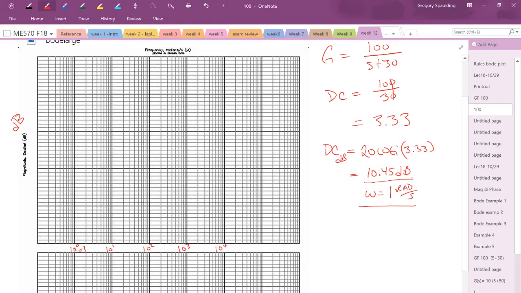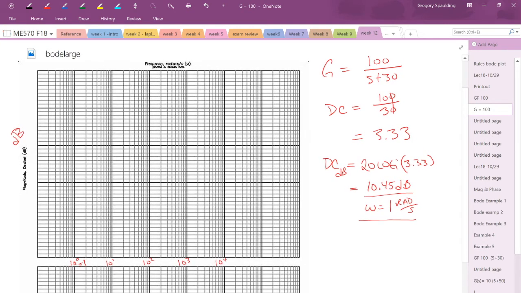And so I'm going to label this as 0 dB, and I'm going to label this as 20 dB. Okay, and you'll see why here in just a minute. And this is 40, and this is minus 20 and minus 40.